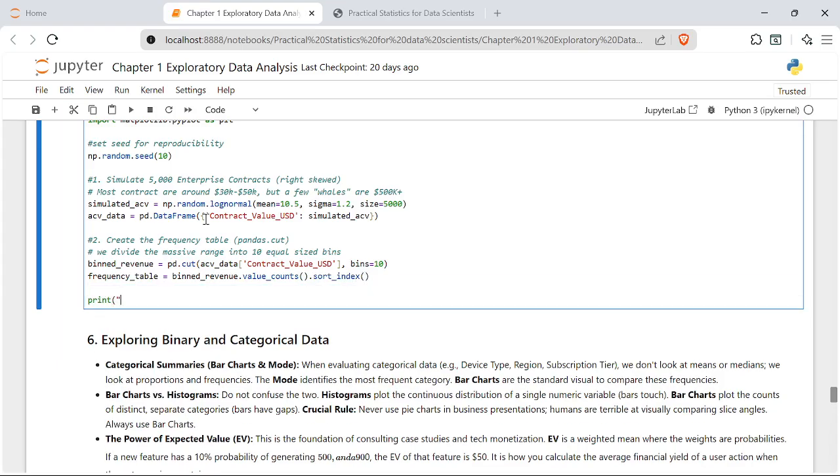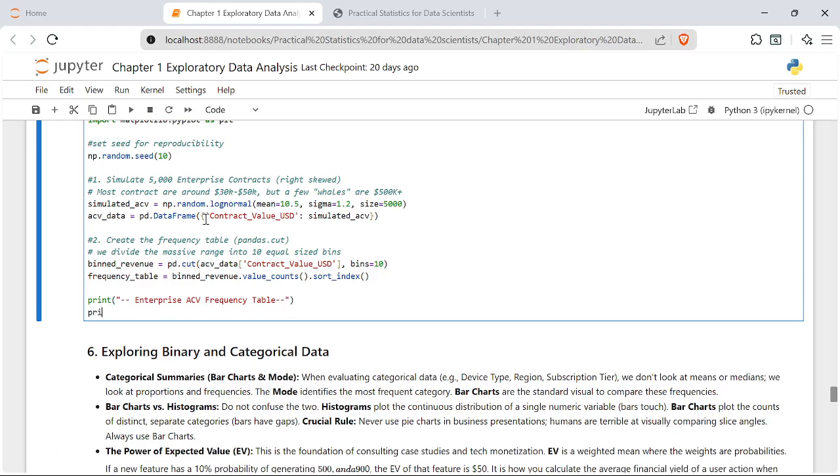Print enterprise ACV frequency table. Print frequency table.